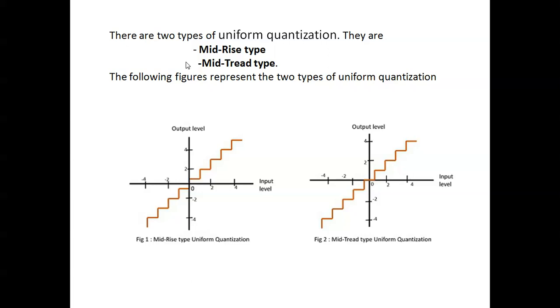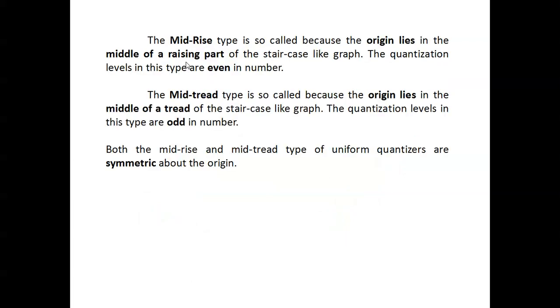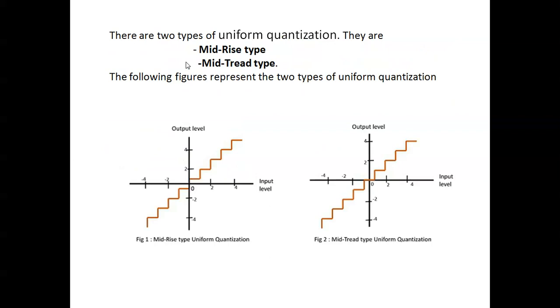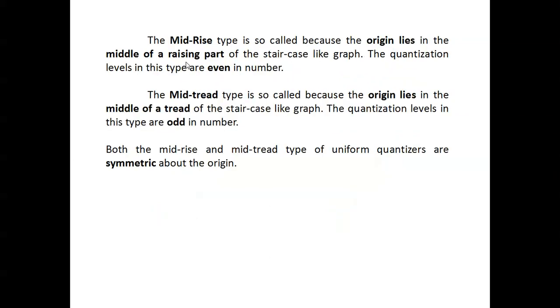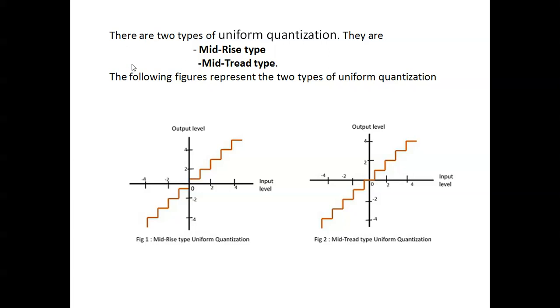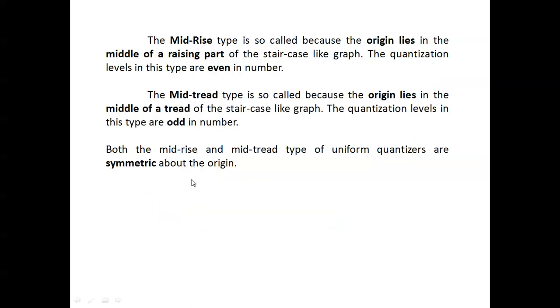The following figure shows these two types, mid-rise and mid-tread. In the mid-rise type of uniform quantization, look at the left-side diagram: the origin, the center part, lies in the middle of the rising part. So that we call the mid-rise type.